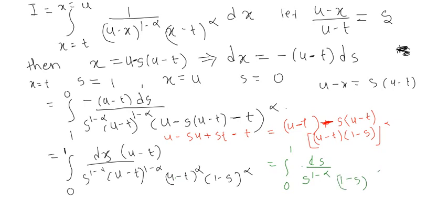So I will be equal to the integral from 0 to 1 of s raised to, it is 1 minus alpha, no? If I take it in the numerator, it will be alpha minus 1. Then the second term is 1 minus s, so that will become minus alpha.